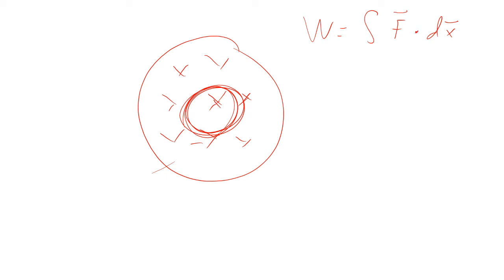Well, dx is the distance around the motion here. But we know the magnetic force is always perpendicular to that. So if you have a dot product of things that are perpendicular, that's 0. So magnetic fields don't do work. Magnetic fields can change the direction of motion, but they don't speed it up or slow it down. They just change the direction.